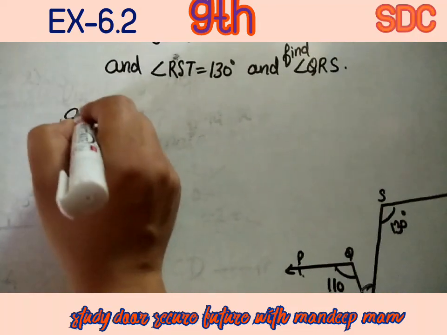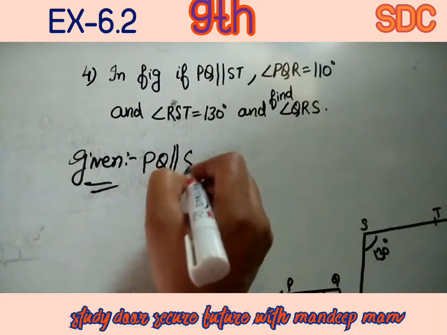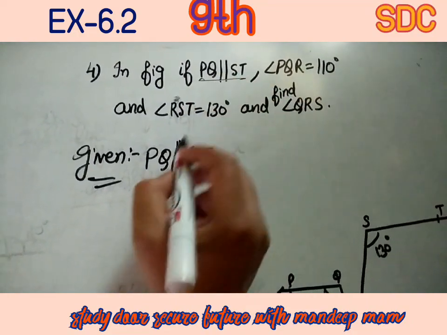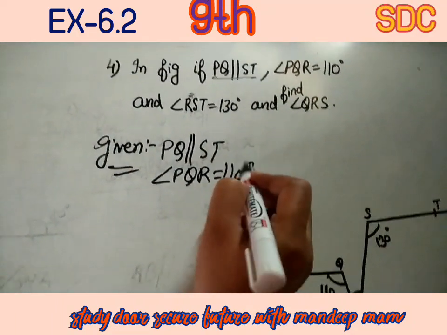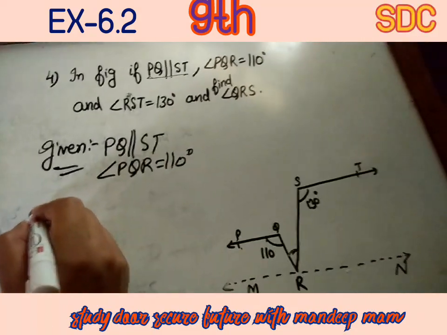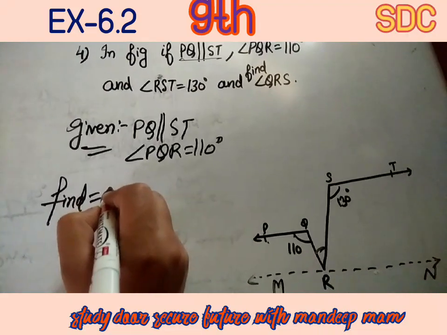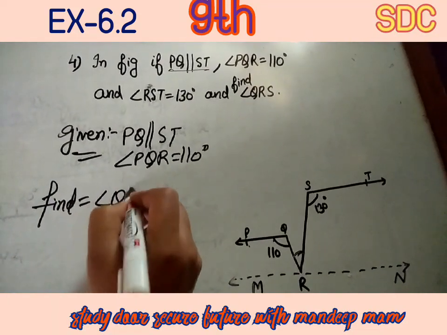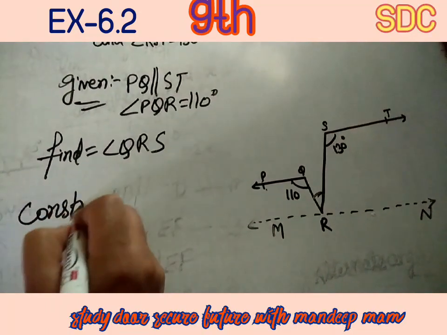We have given PQ is parallel to ST, and angle PQR is equal to 110. We have to find angle QRS.